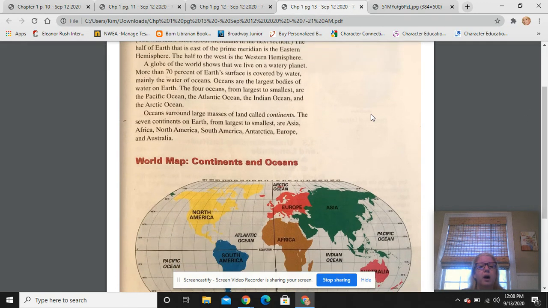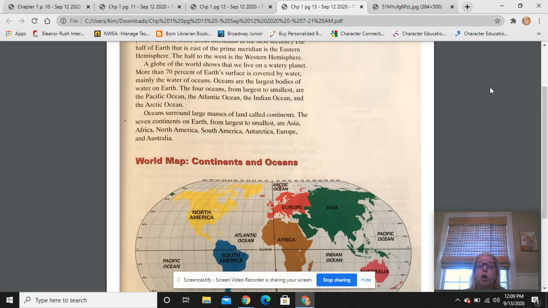A globe of the world shows that we live on a watery planet. More than 70% of Earth's surface is covered by water. That's more than half. So more than half of the Earth's surface is covered by water, mainly the water of the oceans.